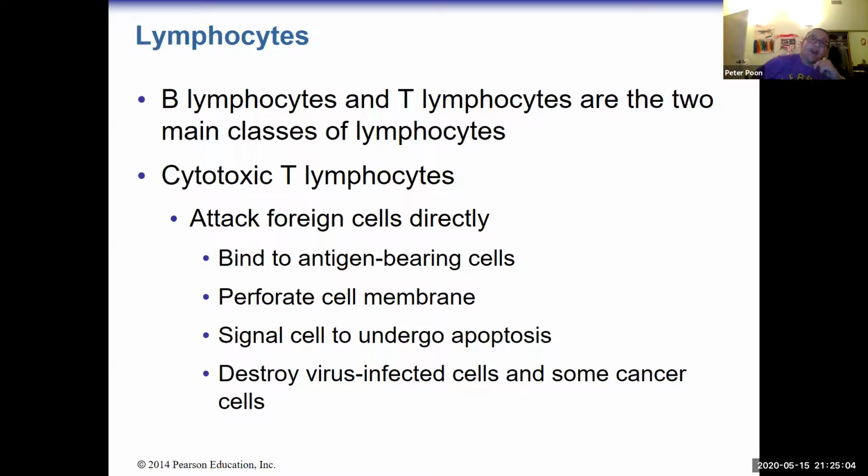So if a cell is infected by a virus, that antigen will be expressed on the surface of the cell. And the T cell will recognize it, and it will tell that cell to kill itself. It will punch a hole in the cell membrane, and then it will tell the cell to kill itself. So the cytotoxic T cells will destroy virus-infected cells and some cancer cells.